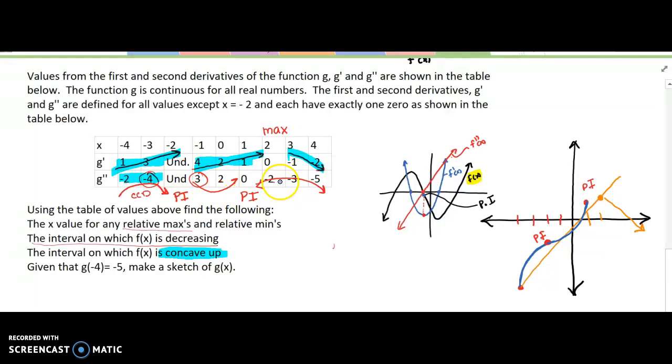Then we have our point of inflection, and we're back to concave down, and we have our max right here at 2. I'll put my max up a little bit more, and I'm concave down to 4. That could be a sketch of the original g of x based on the derivative and second derivative.